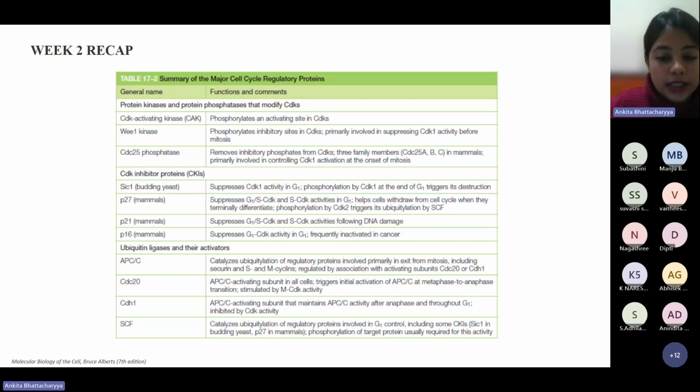Cdh1 is also an activating subunit that maintains this activity after anaphase as well as throughout G1 and is inhibited by CDK activity. SCF catalyzes the ubiquitination of regulatory proteins involved in G1 control, including some CKIs, and often phosphorylation of target proteins is required for this activity.